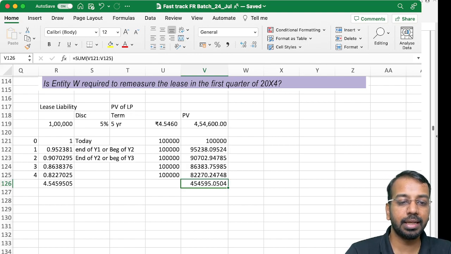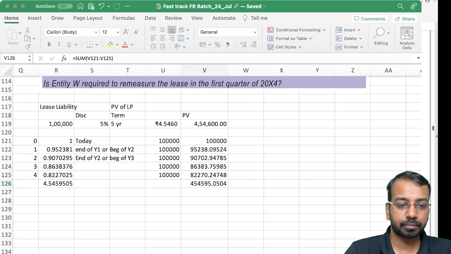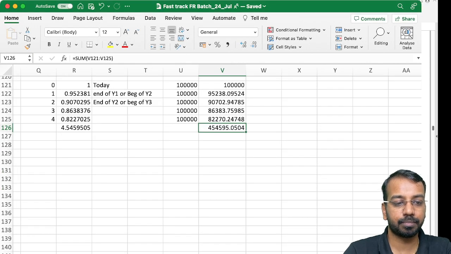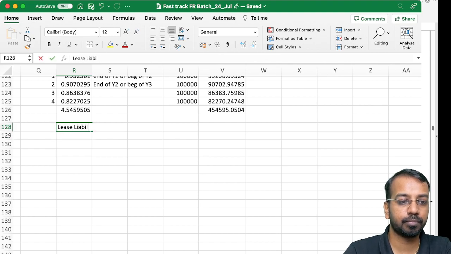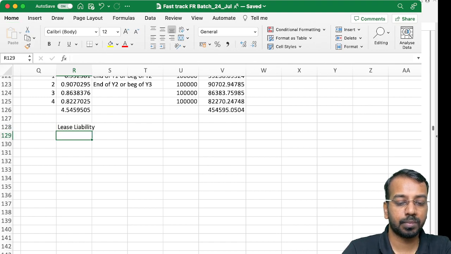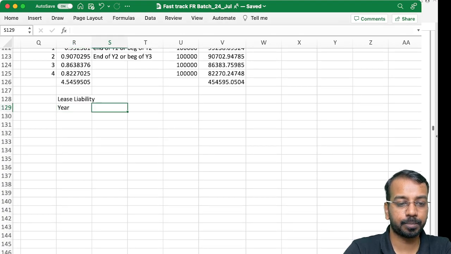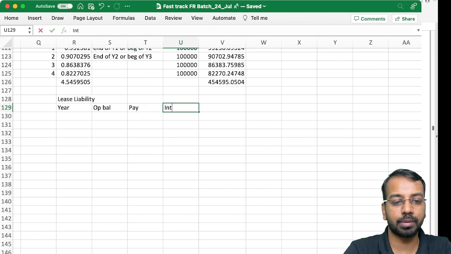Now we have got the lease liability, and for the lease liability, let us now prepare the table. Year, opening balance, payment, interest, closing balance.